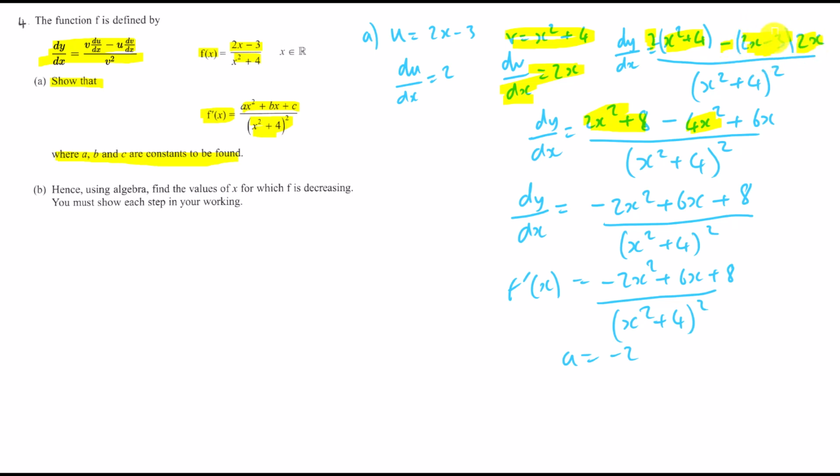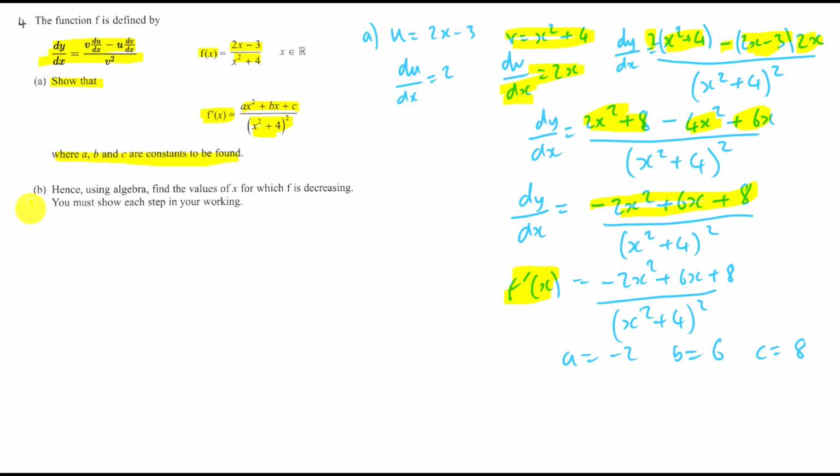Remember, minus times a minus gives you a plus 6x. Simplify to get this line, and obviously the function is in terms of f of x, so do write f prime x, and you can see a equals minus 2, b equals 6, and c equals 8, and that is an easy 3 out of 3 marks.